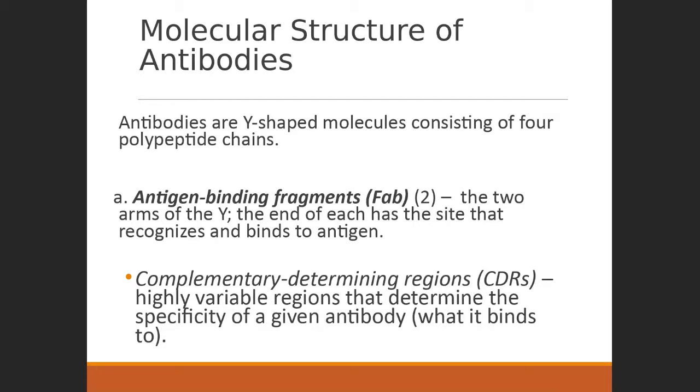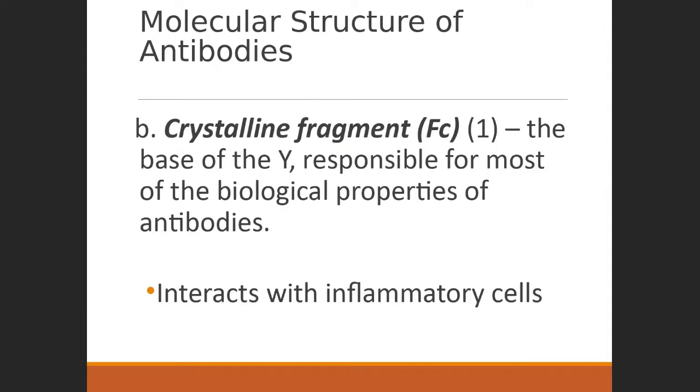Every Y-shaped molecule that we attribute to an antibody is going to have an antigen binding fragment. We're going to call that the Fab portion. It will also have an FC portion. It's a crystalline fragment that's going to interact with inflammatory cells. Now, these inflammatory cells are our own cells.